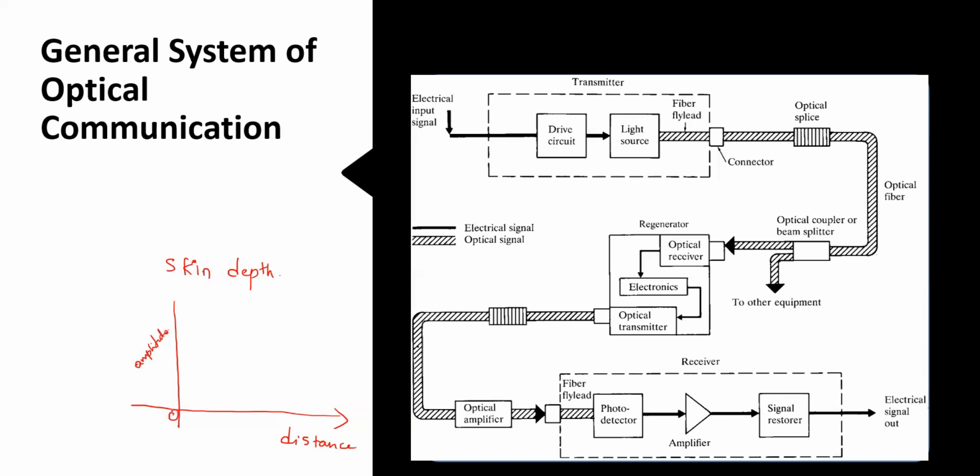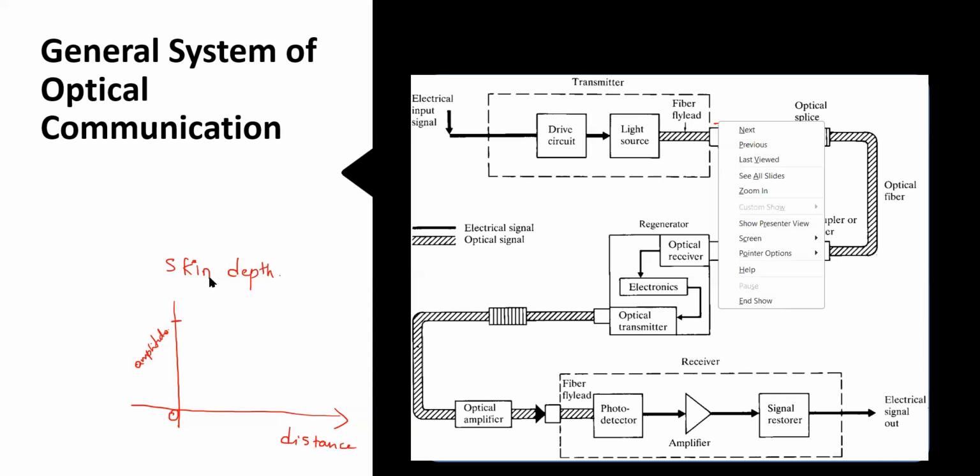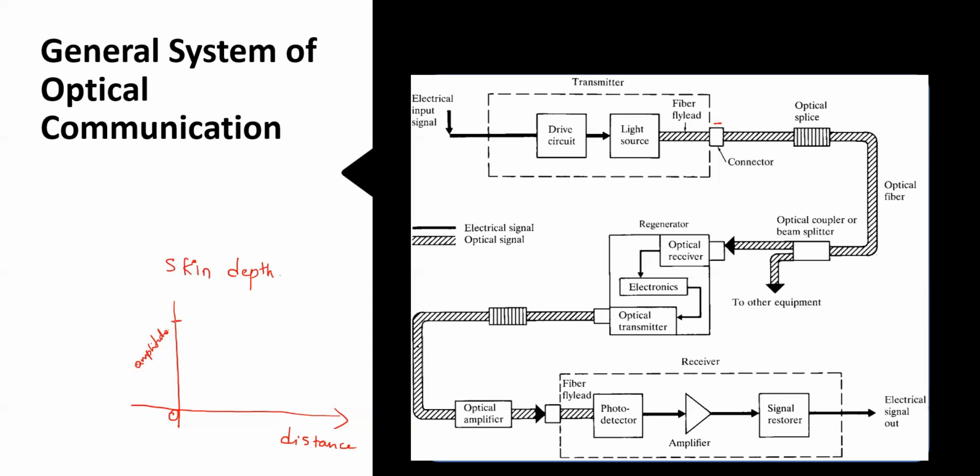So initially when the distance is 0, the amplitude is maximum. That is at this point, at the beginning of the transmission at the transmitter. So as the signal is propagating, what is happening?